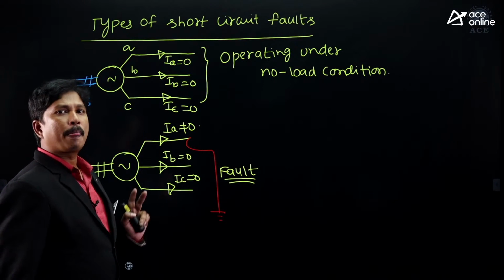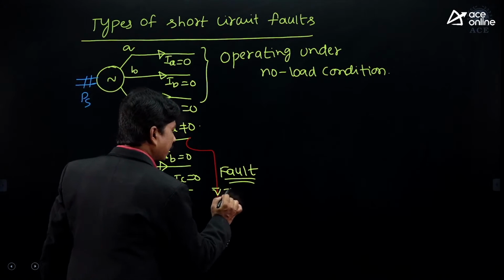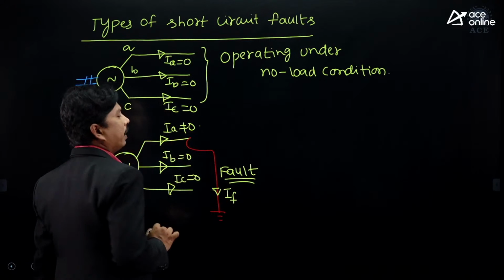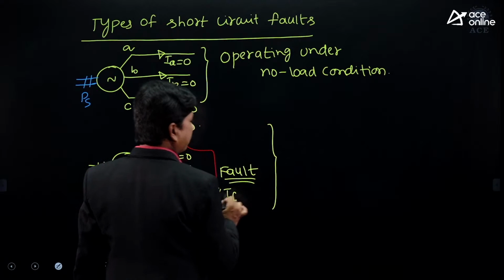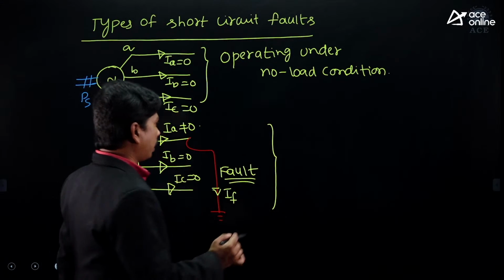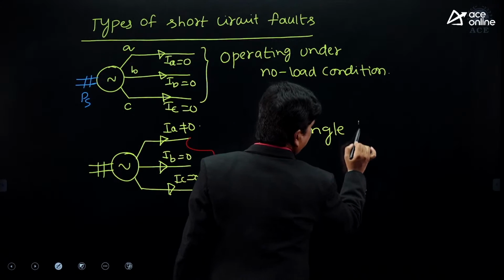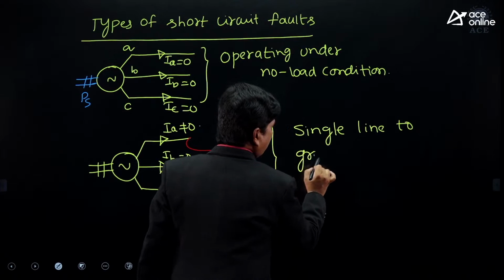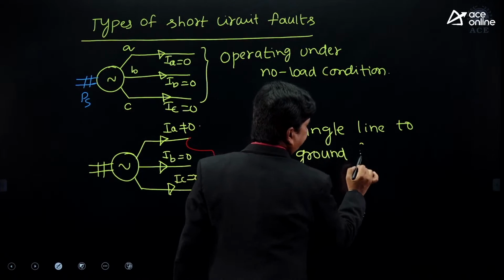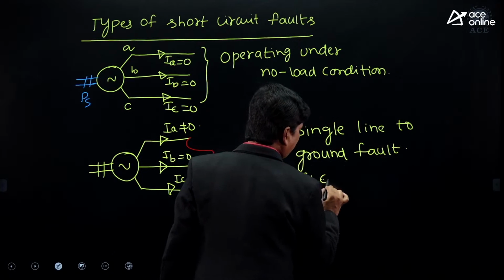And the fault current in that one is one phase current. That type of fault we are calling the single line to ground fault, simply you can say LG fault.